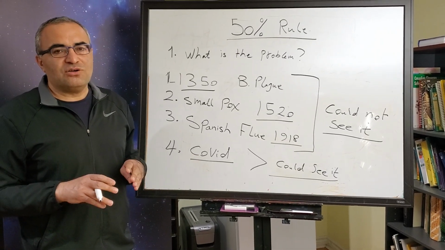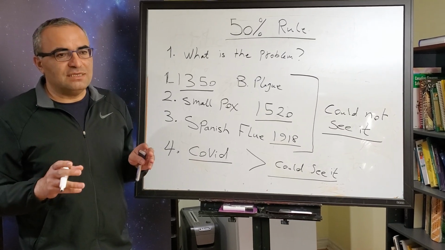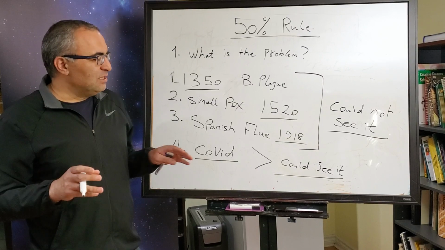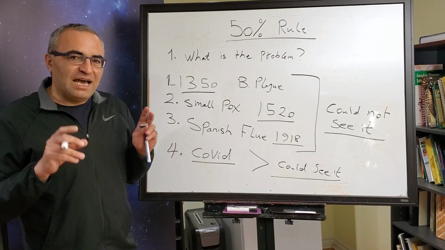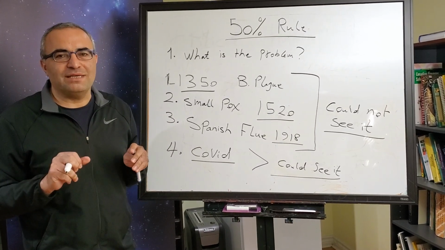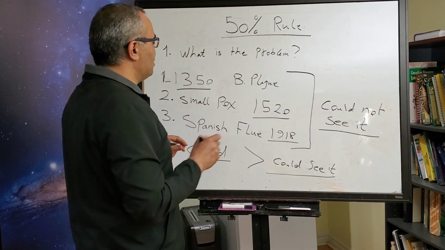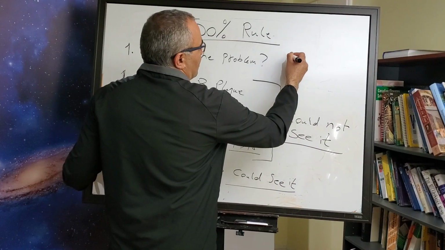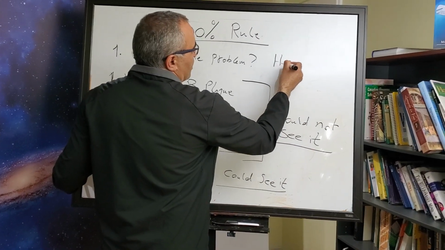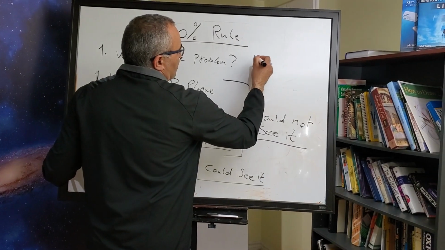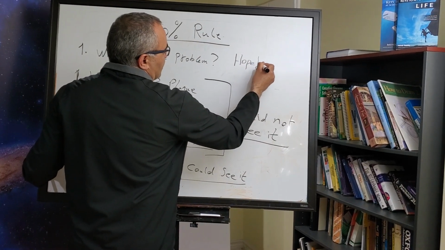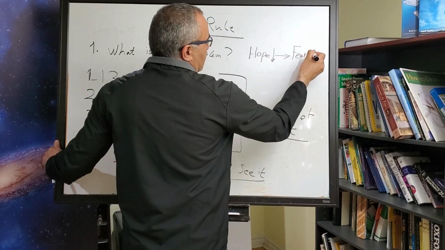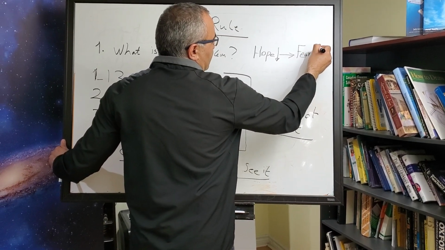Because this is causing a lot of stress, a lot of anxiety, what's going to happen, is it going to be the end of the world, it's basically affecting the hope of humanity. And I'm going to have a simple chart also to show you, and that is when hope goes down, that means fear goes up.